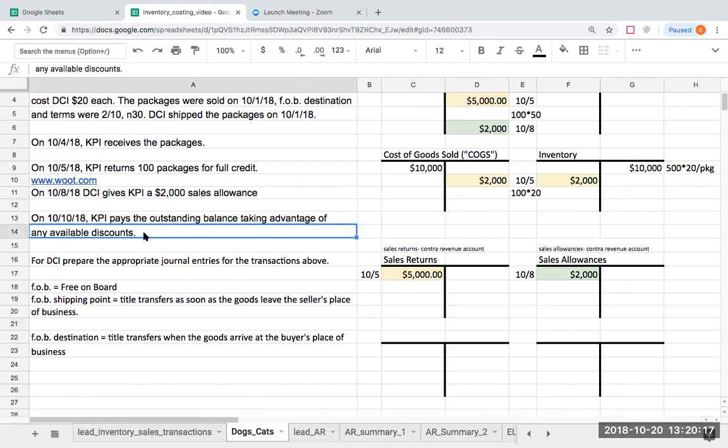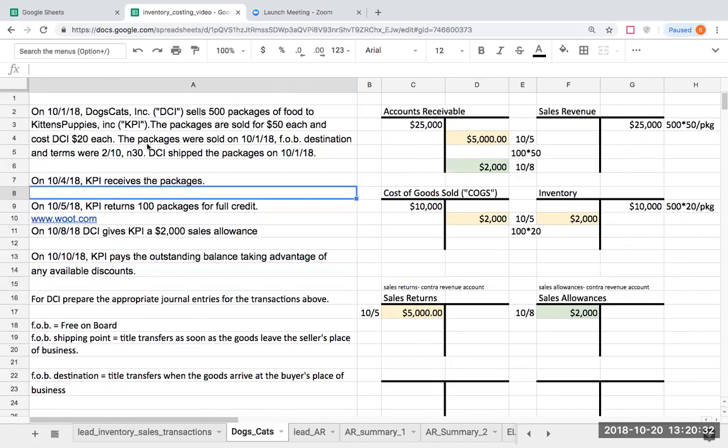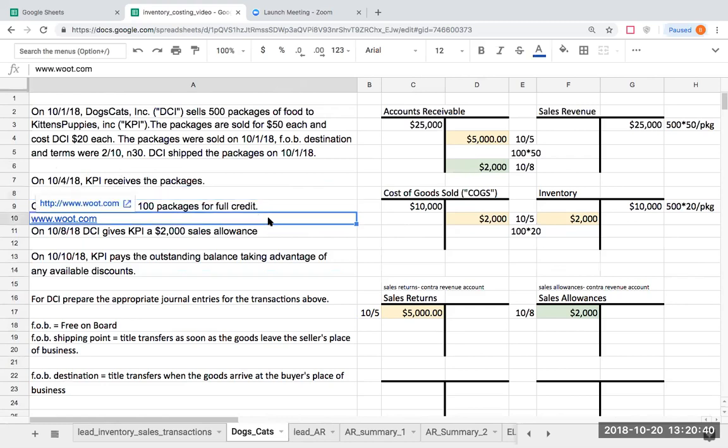Now on October 10th, KPI pays the outstanding balance, taking advantage of any available discounts. What exactly does that mean? When we go back and look at the initial question, we see the packages were sold on October 1st, FOB Destination, and terms were 2/10, net 30. What does that mean?